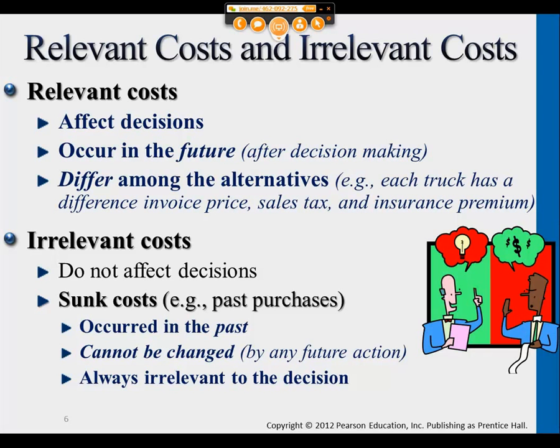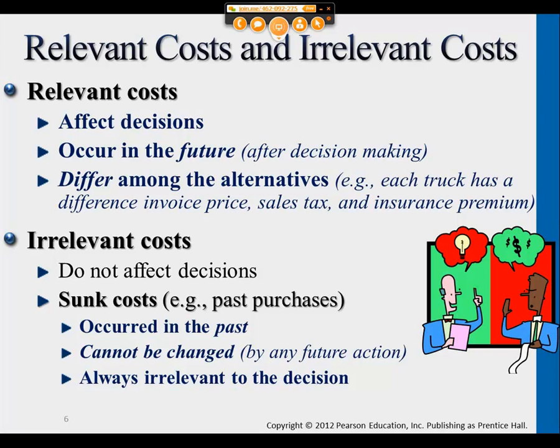Those irrelevant costs are the ones that occurred in the past. We can't really change them because they occurred already, no matter what vendor we're going to select or what decision we're going to make. So they're going to be irrelevant to our decision.